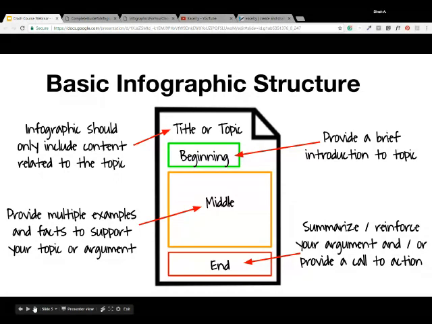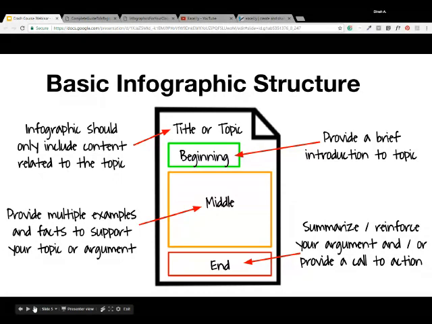Then you're also going to want to provide multiple examples and facts to support your topic or your argument. And again, keep in mind that you have limited space in your infographic, so you only want to include the examples and the facts that are going to support your topic and argument and move it along the way.